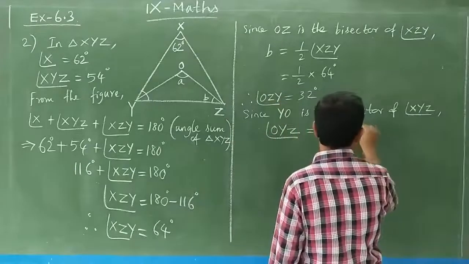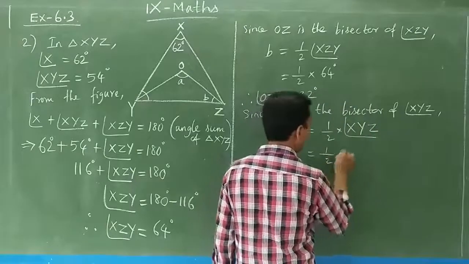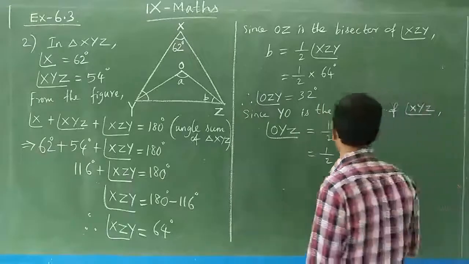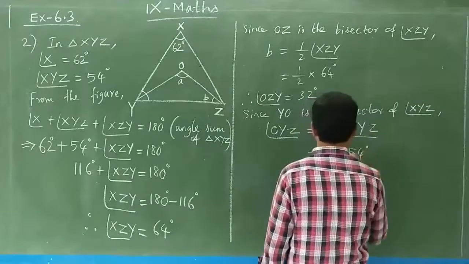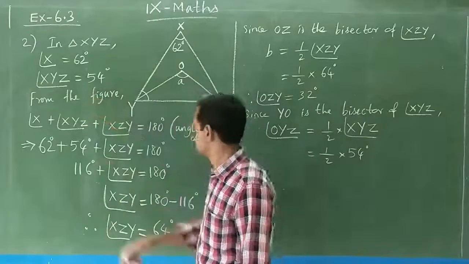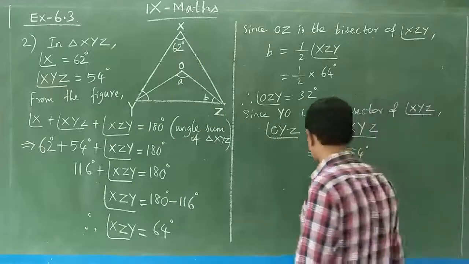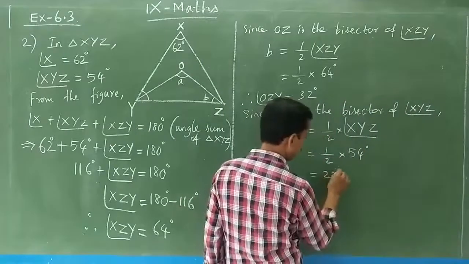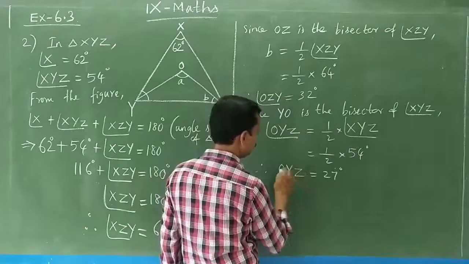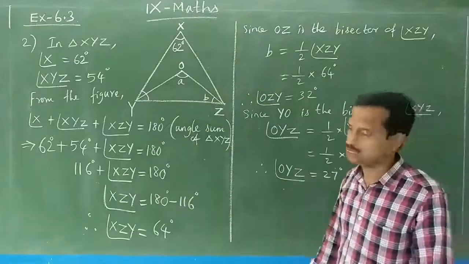XYZ. So it is nothing but half into what is XYZ? It is given 54 degree. Look, XYZ is 54 degree, it is given in the question itself. So we can apply here. And what is half of 54? 27 degree. So therefore the angle measure of OYZ is 27 degree.